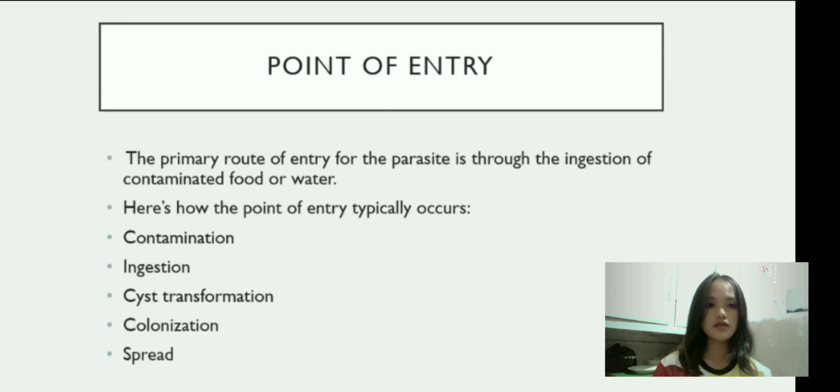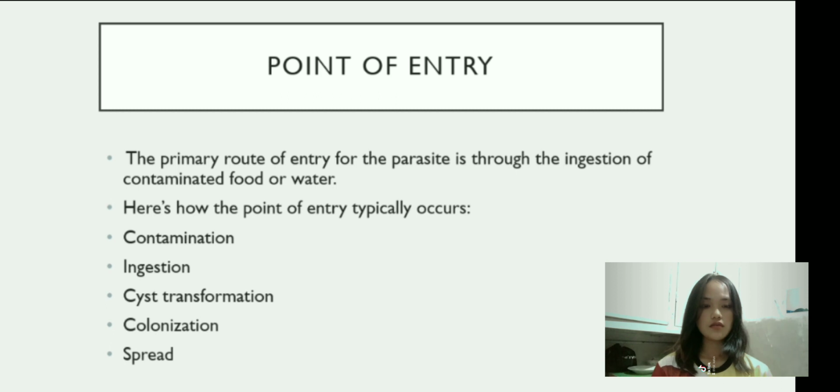Third is cyst transformation. In the intestines, the cysts of the parasite transform into their active form called trophozoites. Colonization. The trophozoites colonize the large intestine or colon and can penetrate the intestinal wall, leading to tissue invasion and subsequent infection. Spread.